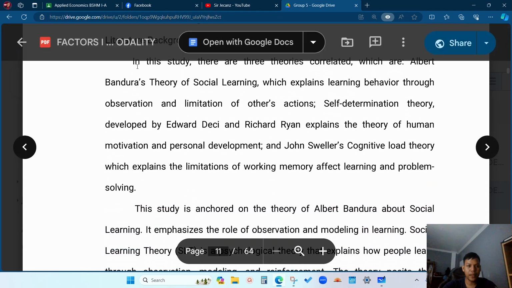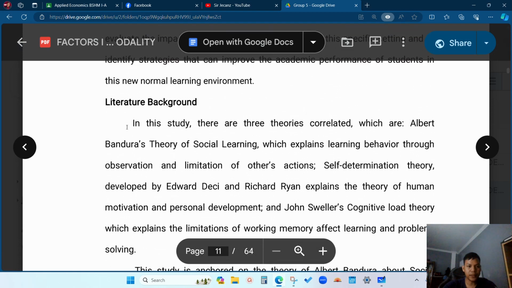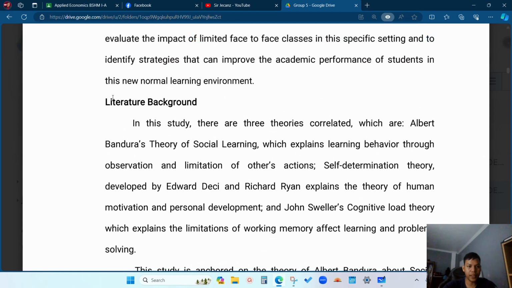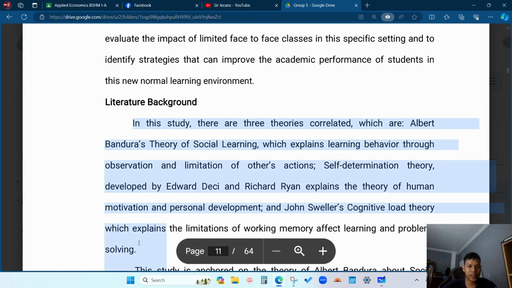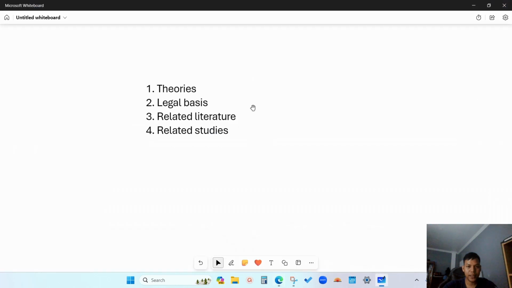So you have noticed here in the first paragraph of the literature background, there is a summary. Summary of what? Summary of these three theories. So what are the parts of the three theories?